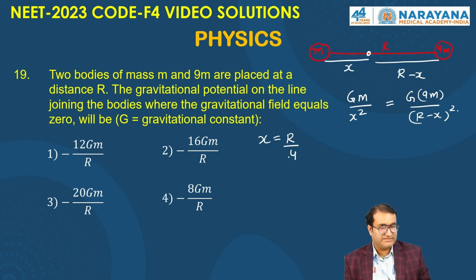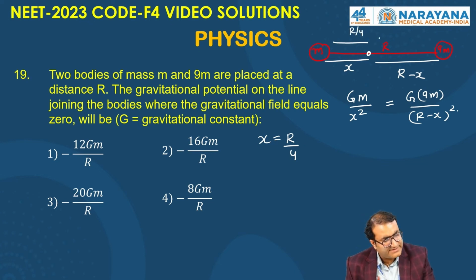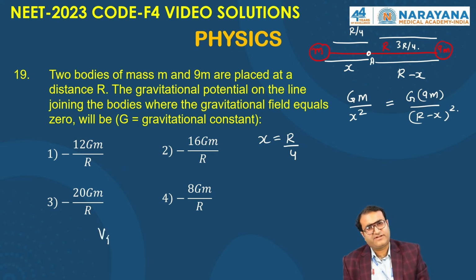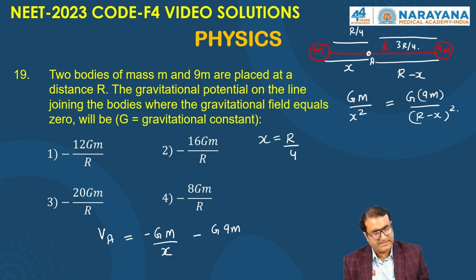Now we can find potential. This distance is r by 4 and this distance is 3r by 4. Not visible, I think, no? Here it is 3r by 4. Mark this point as A. We can write potential at point A: it is minus Gm by x minus G of 9m by r minus x.